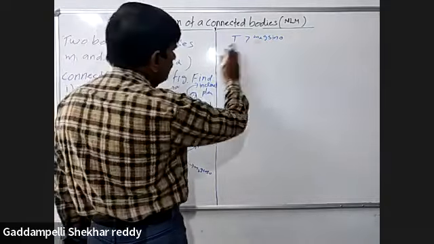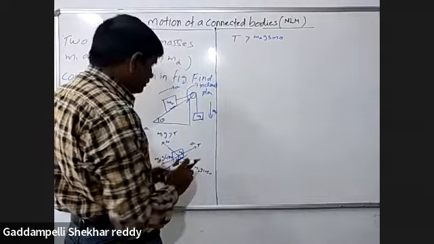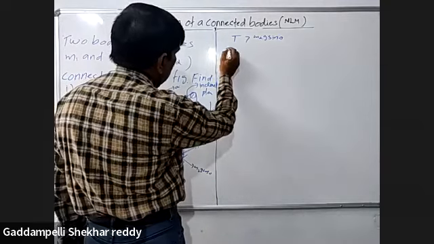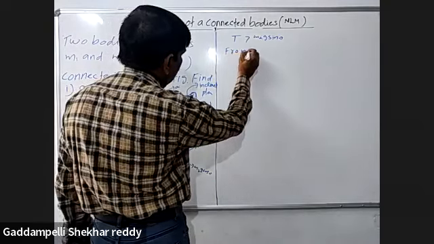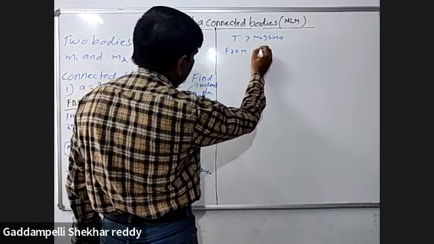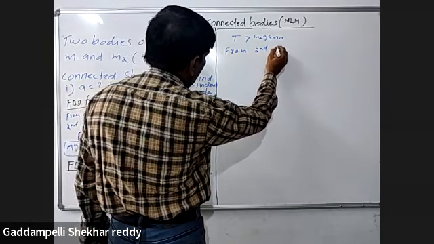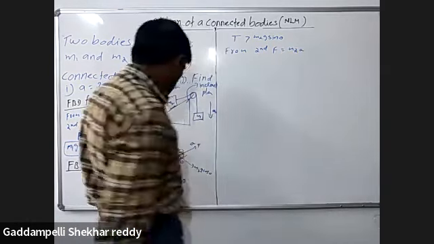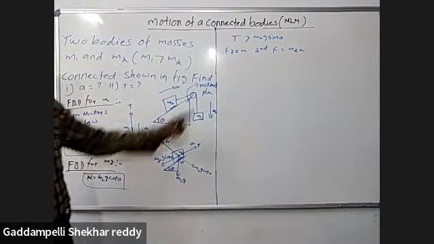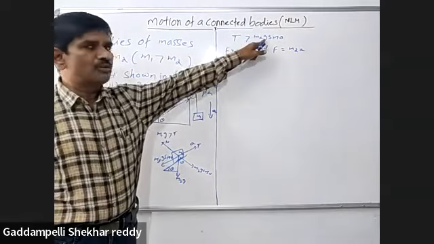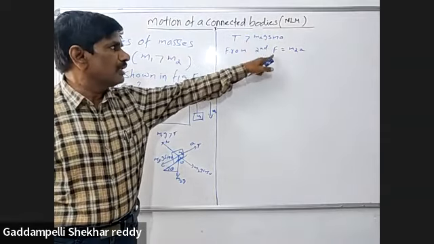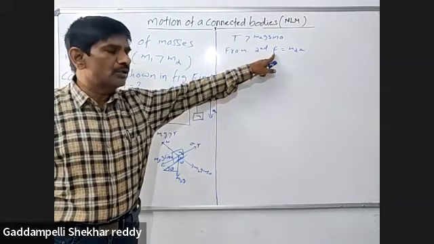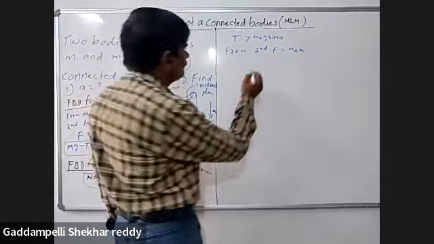So the net force on the body, from Newton's second law, is F equal to M2A. What is the net force? Tension minus M2G sin theta is equal to the net force.